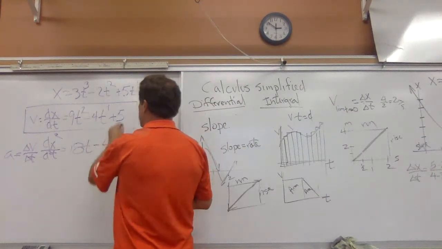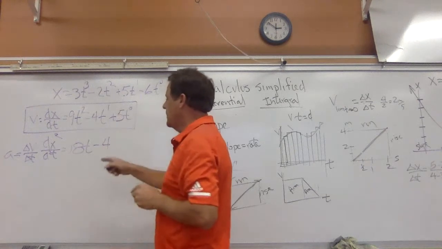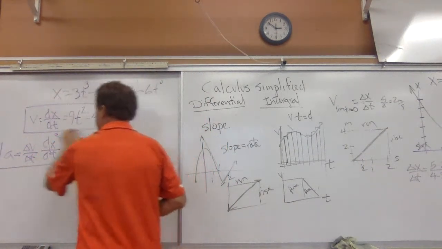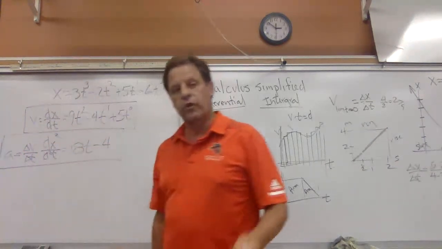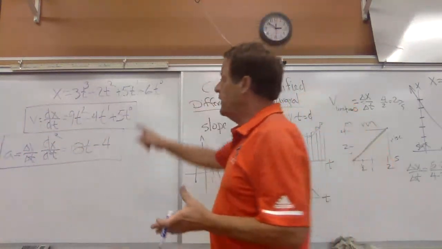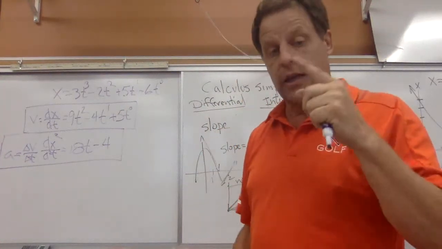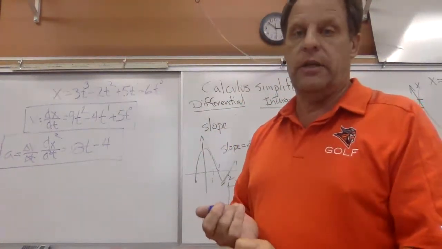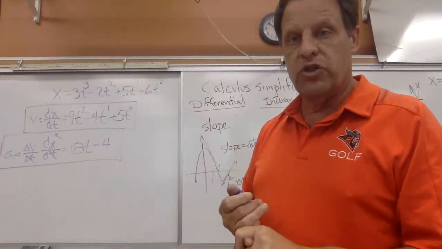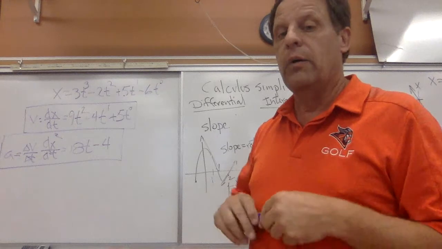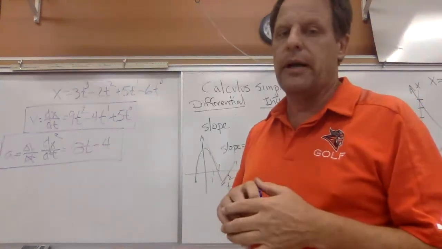And as we talked about here, t to the 0 doesn't matter. So our equation for acceleration would be that. So when you have a differential of a polynomial, coming up with the equation for velocity and the equation for acceleration just becomes the successive differentials, which with a little bit of practice is pretty easy.